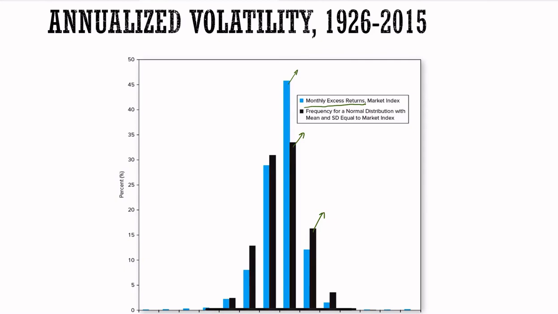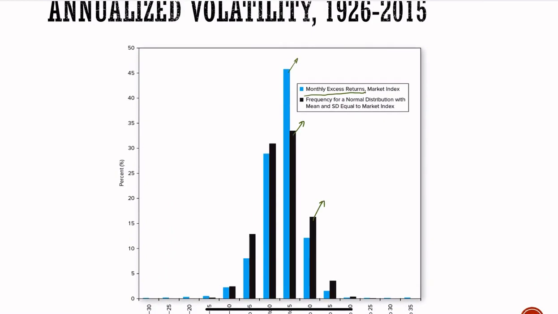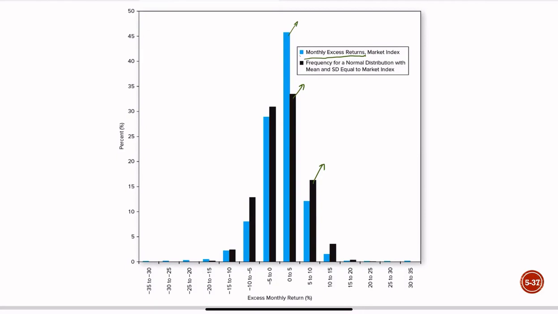What you can see here is that the actual returns, the blue bars, have a fat tail. How do you see this?